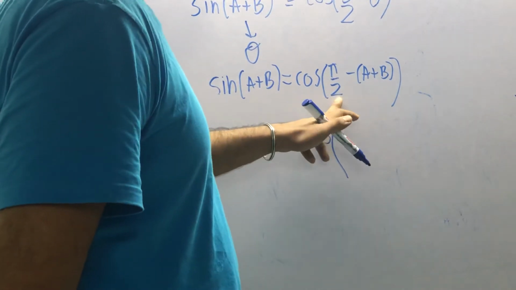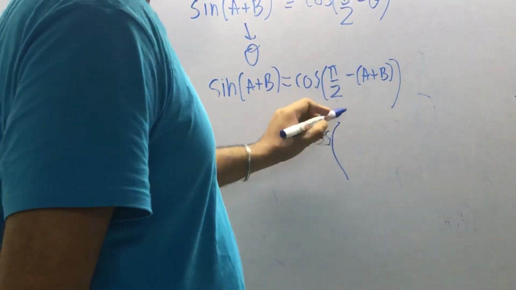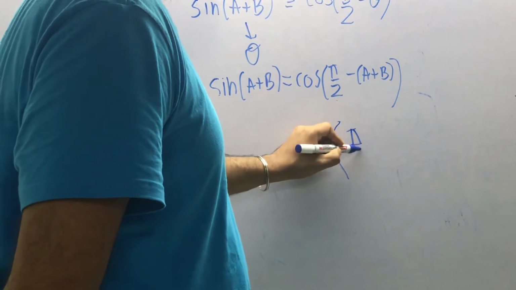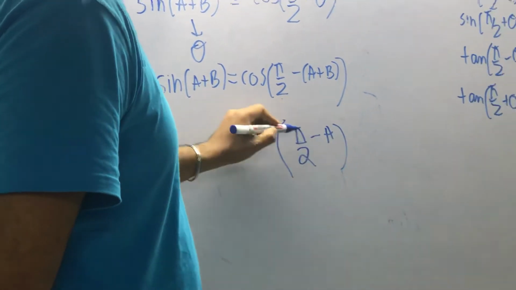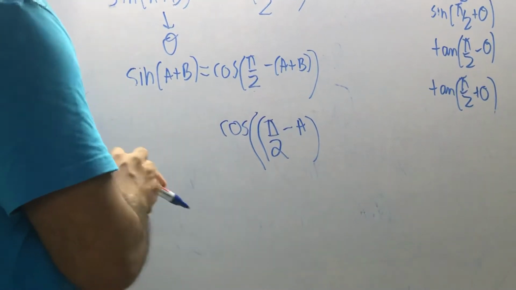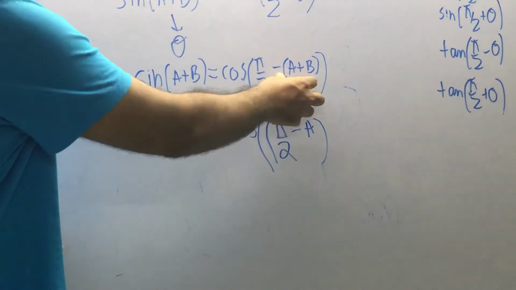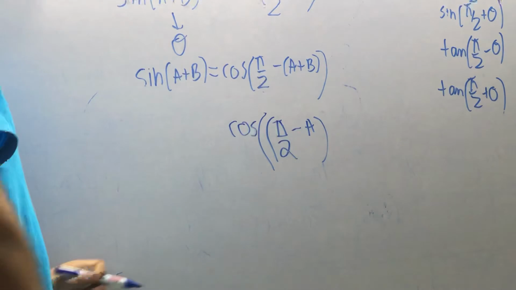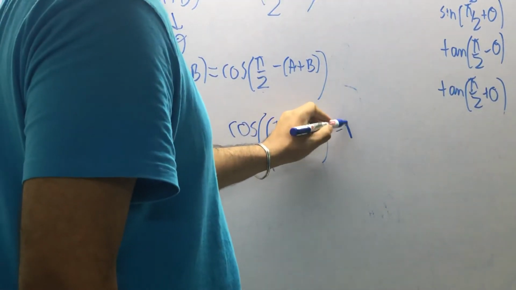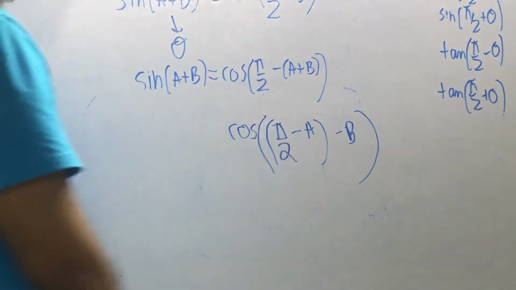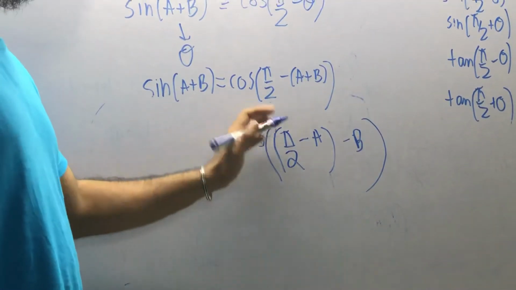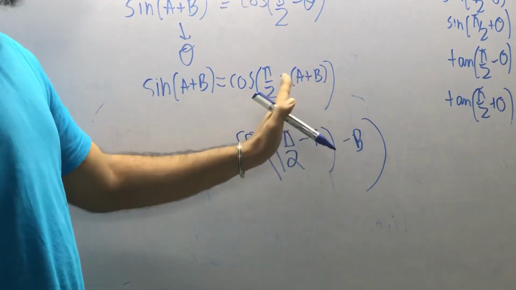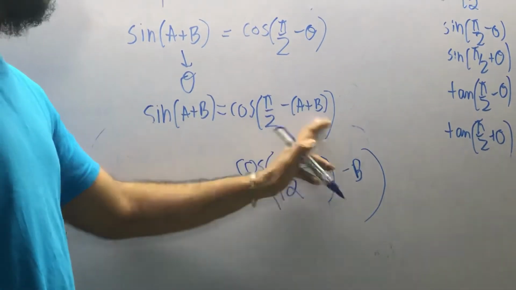So here it is pi by 2, so you can take it like this: cos pi by 2 minus a, and just open this minus sign, minus b. You can also write it like this without any problem, right? Pi by 2 minus a, I opened the bracket, so this is minus a minus b.